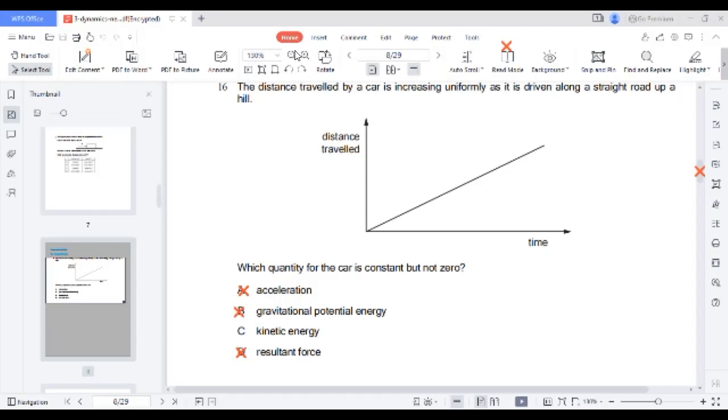Now we are left with only speed being constant, and the question is which quantity for the car is constant. Acceleration is 0, resultant force is 0, on a straight road potential energy is 0, and we have constant velocity. Constant speed means we have constant kinetic energy. So its kinetic energy is constant, and the question is about the quantity that is constant but not 0. Kinetic energy is constant and it is not 0.